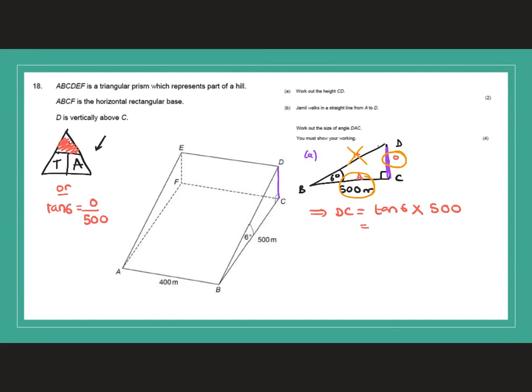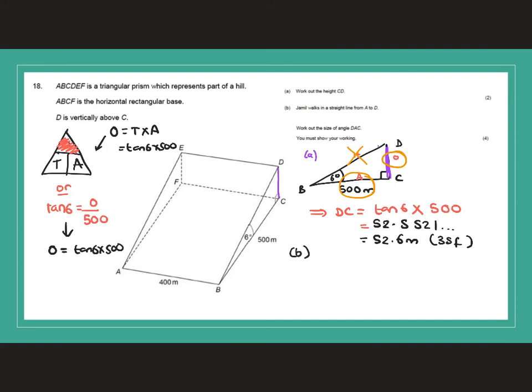This method tells you that the opposite is equal to T multiplied by A, which is tan 6 multiplied by 500, and this method also tells you the opposite is tan 6 multiplied by 500. So that gives us a value of 52.552 ... which is 52.6 meters to 3 SF.